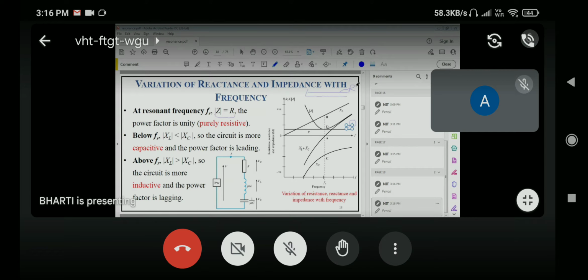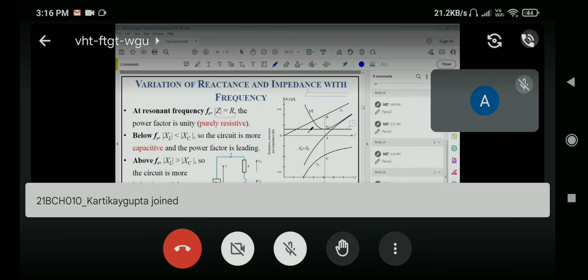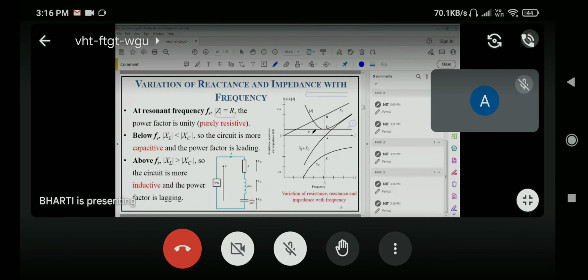So if anyone asks, you can understand it well that it is a straight line parallel to this axis. So this is R, which stands for the resistance over here. Now, when we see this particular value, the XL, that we also discussed, it will be a straight line, a linear relation with frequency.